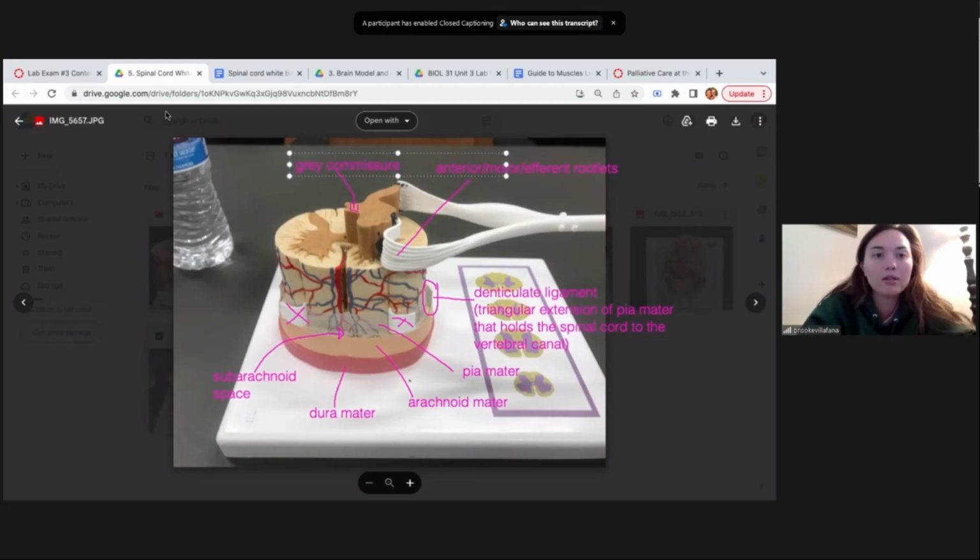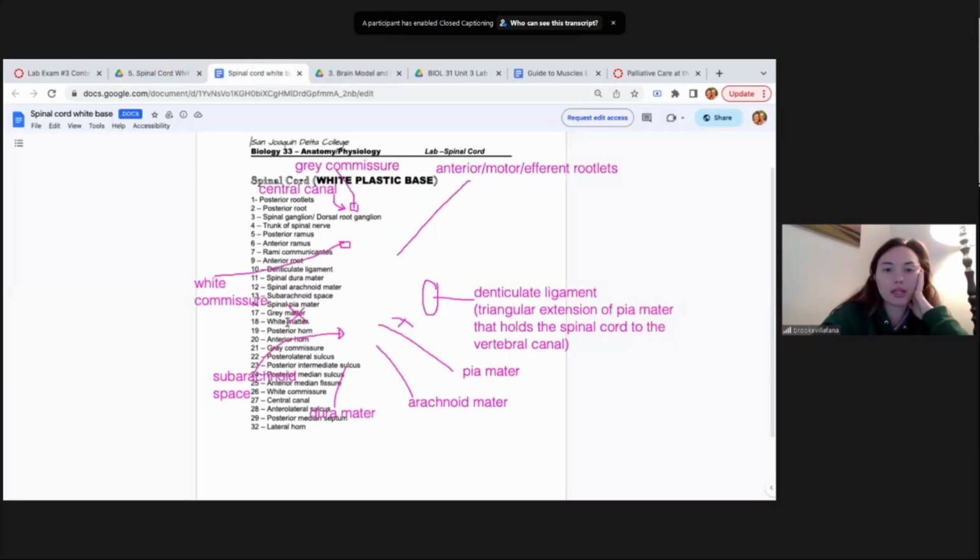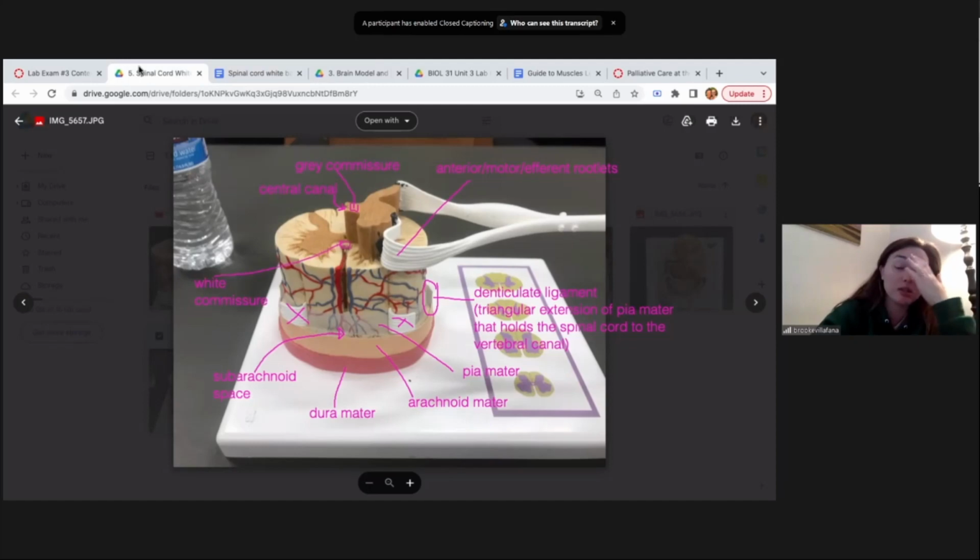Central canal is the part at the center here. It would be like the little divot. And then white commissure right here. All right, any questions there? That should be everything for this model as far as I can see on the list.